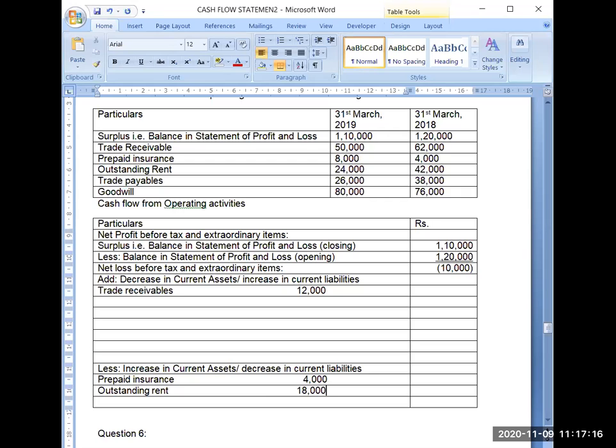Then trade payables, which is also a current liability. Earlier it was 38,000, now it is 26,000. So it is also reducing, so it will also be subtracted. Trade payables is 12,000.